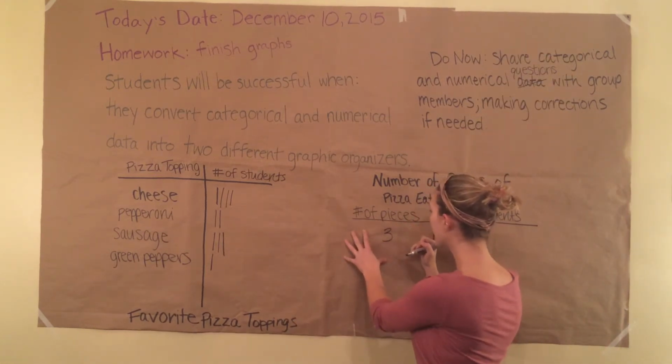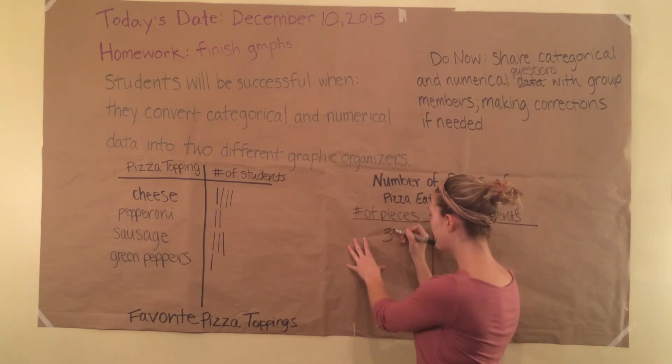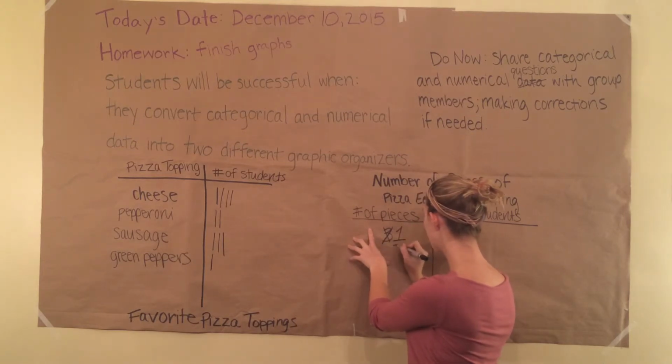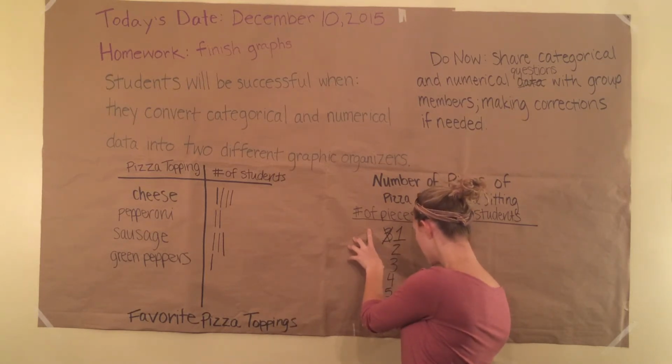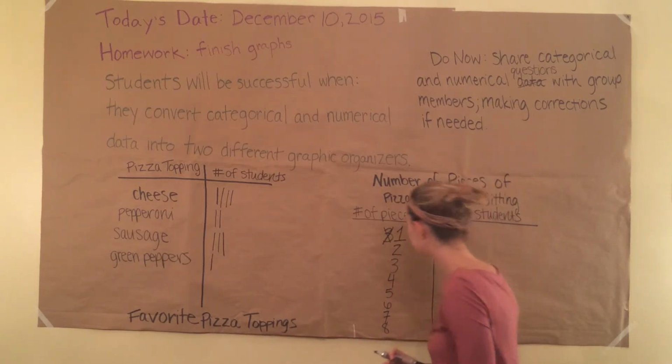Right now, I'm starting to do this a little bit funny, so I'm going to cross this 3 out and put a 1 and label it all the way up to 8, just so we have our numbers in order. So we have 1, 3.